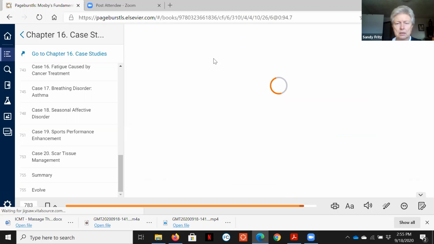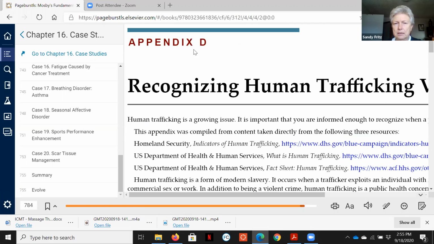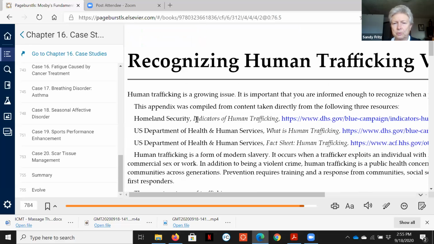And finally, this appendix is new to this edition. And it's referring you out to other sources that you can use to expand your knowledge on this terrible process that sometimes finds a connection with massage therapy through the connection, unfortunately, with the massage parlor and prostitution cover.